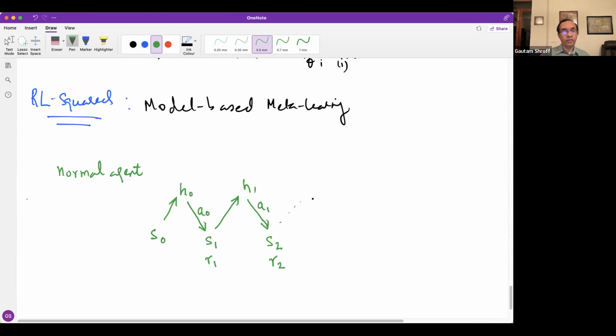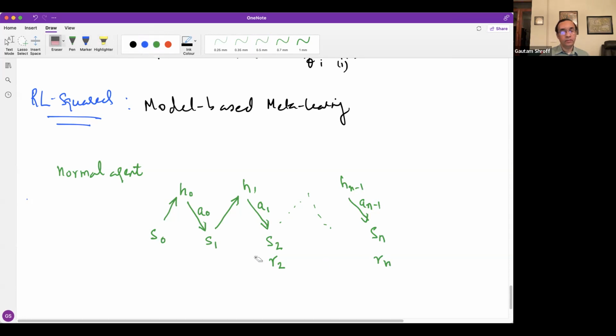It keeps going until finally it has some H_{n-1}. It takes action A_{n-1}, produces state n, and finally gets reward n. Oh, well, actually, sorry, I got it wrong here.